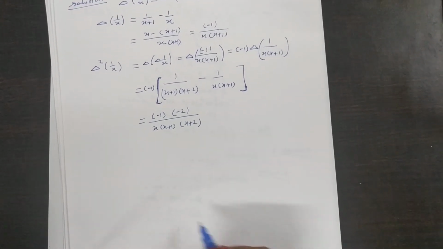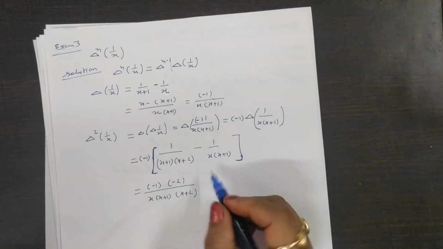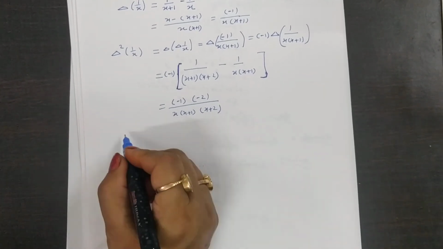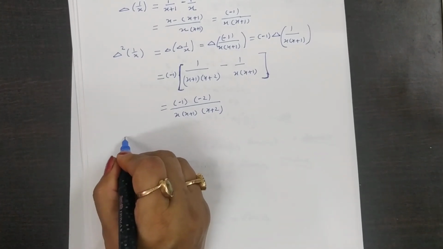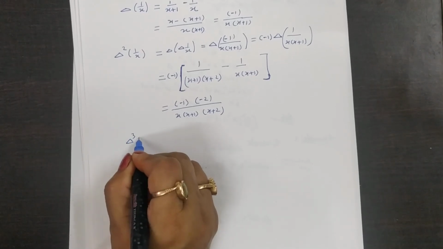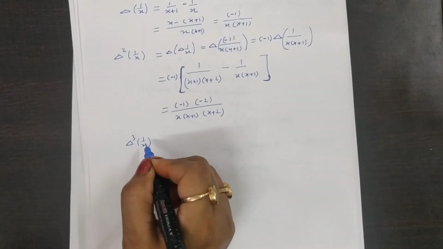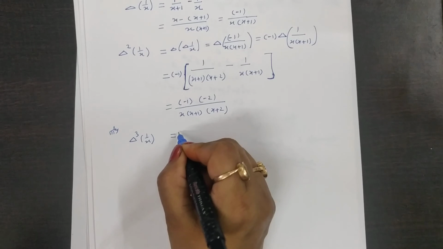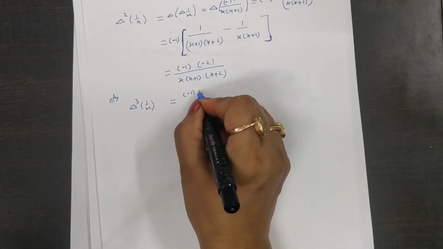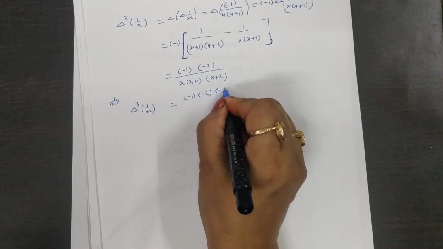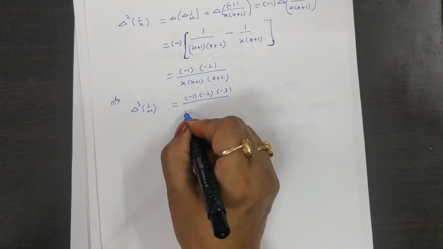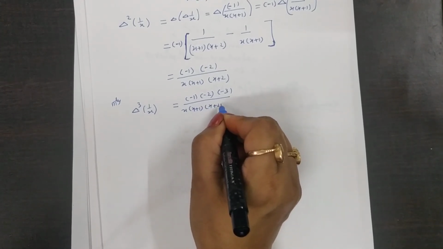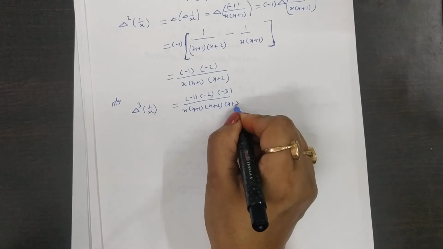Similarly, you can get this for delta, and operating delta is square. Then similarly, if you find delta cube of 1 by x, I think you can obtain minus 1, minus 2 and minus 3, and the denominator is x, x plus 1, x plus 2 and x plus 3. Clear?